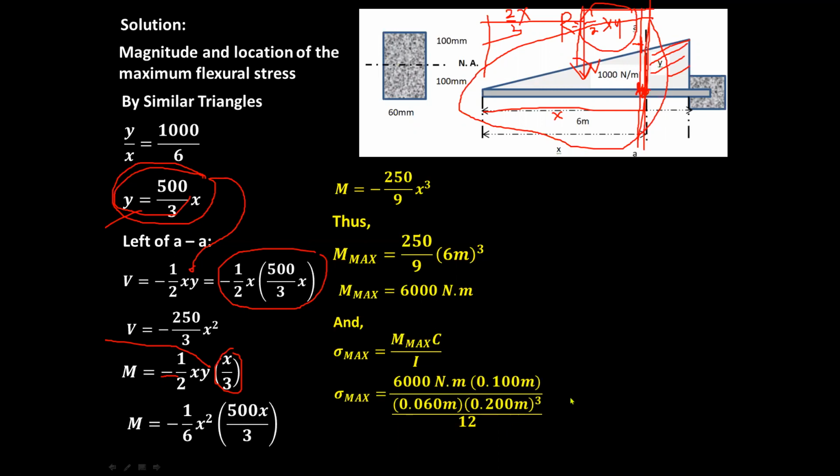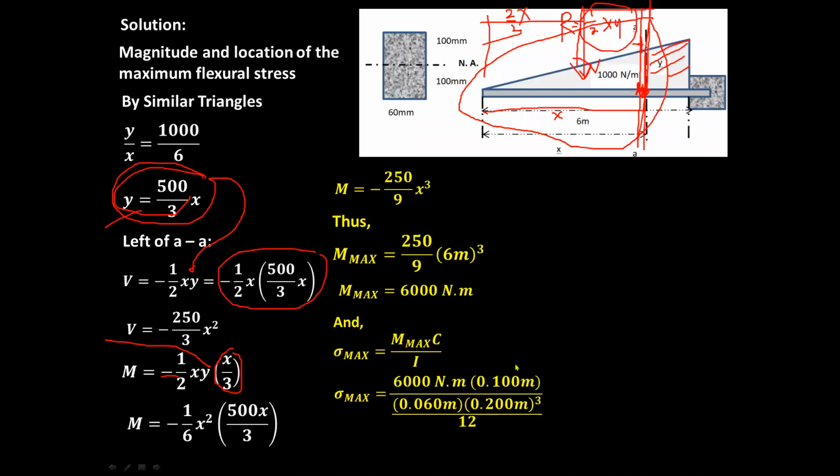Okay, let me explain it to you. 600 times 0.100. Hindi ba ito yung neutral axis natin? So definitely, ang centroid natin, ang C natin is 100 millimeters o 0.1. Converting it into meters, kasi nga ang maximum moment natin, ang unit is Newton meter. So kailangan nasa meter din ang ating centroidal value, 0.100 meter.